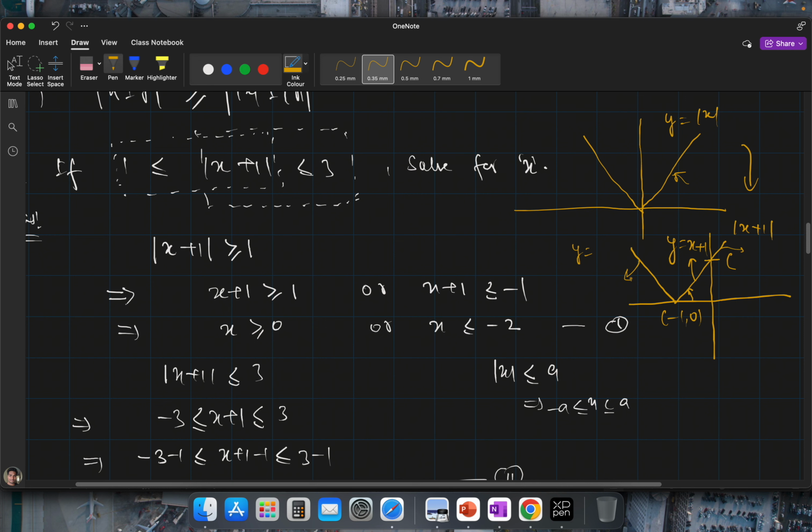What is the equation of this line? Minus x minus 1. That's why the slope of this line is minus 1. Since this is the intercept, you can see that the y-intercept of this line is nothing but minus 1. So this is the equation of this line.